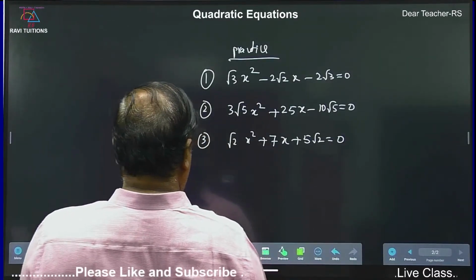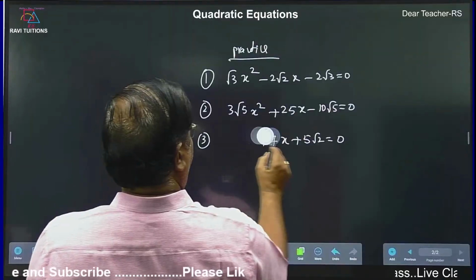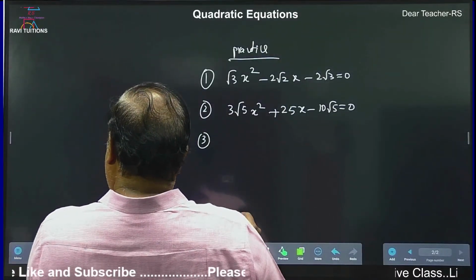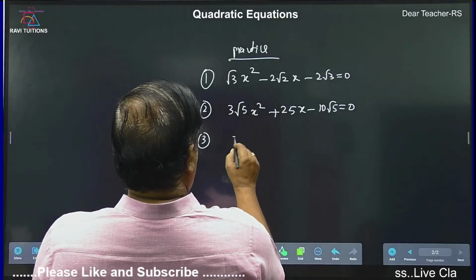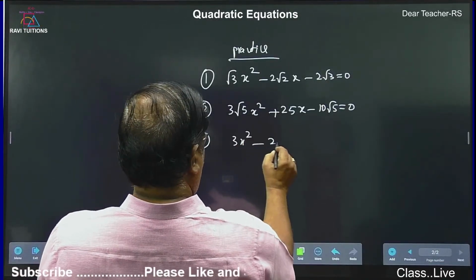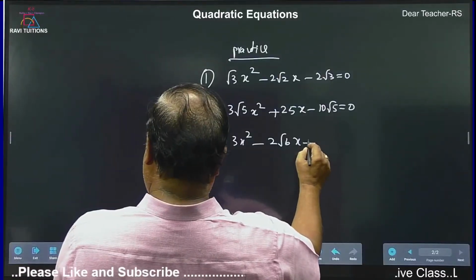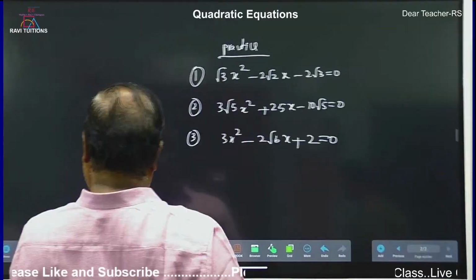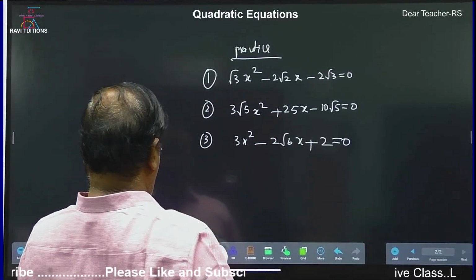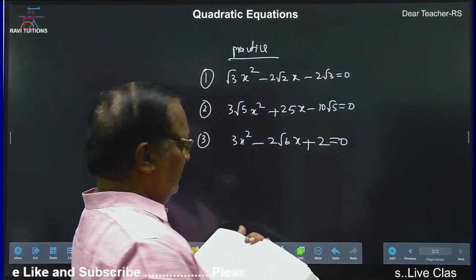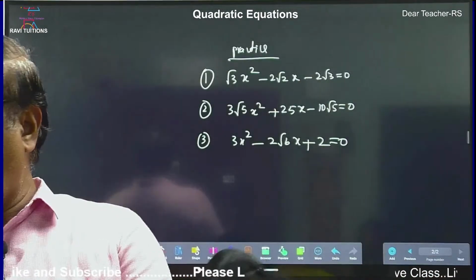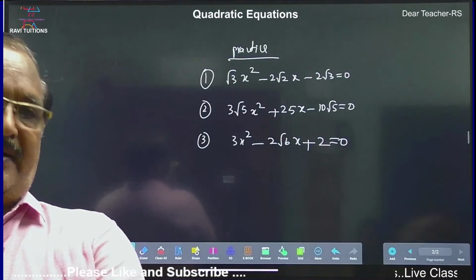This we have already done just now. 3x² minus 2√6x + 2 = 0. Okay, 4 problems are there. One problem we have already done. So please copy it and have a practice.